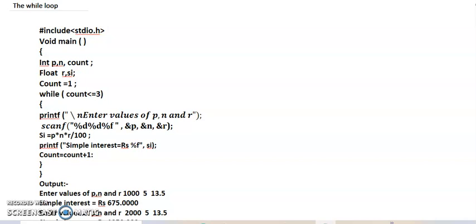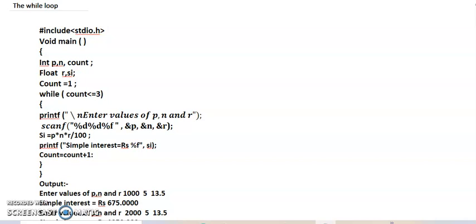Now I use a while loop here. It is often the case in programming that you want to do something a fixed number of times. Perhaps you want to calculate gross salaries of 10 different persons. You want to convert temperature from centigrade to Fahrenheit for 15 different cities.